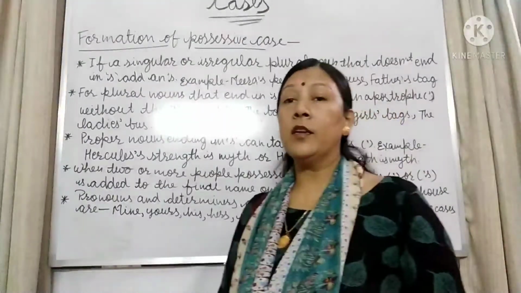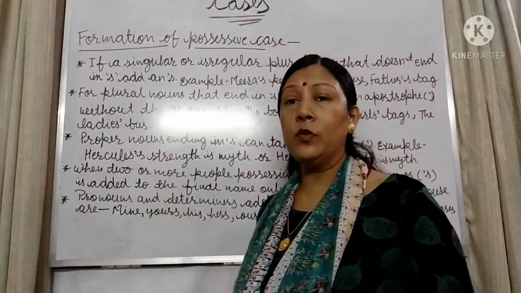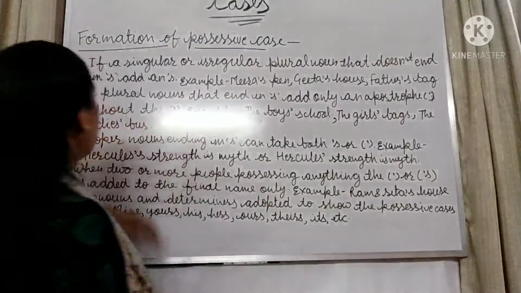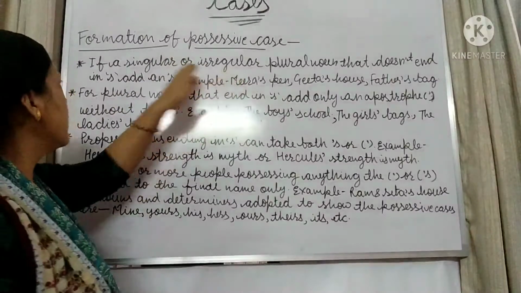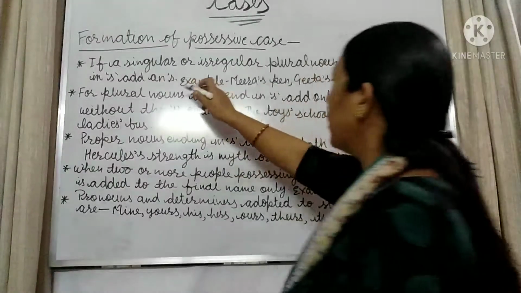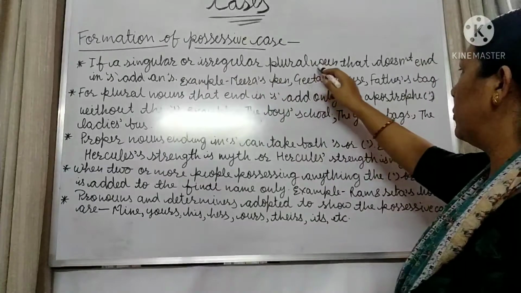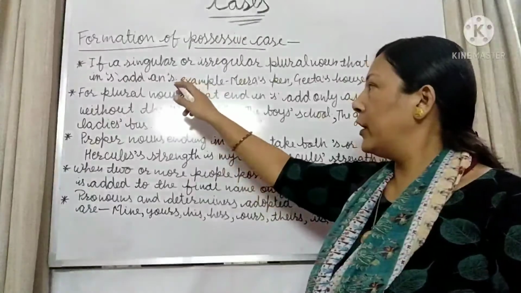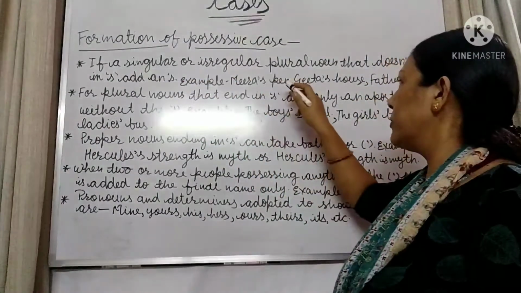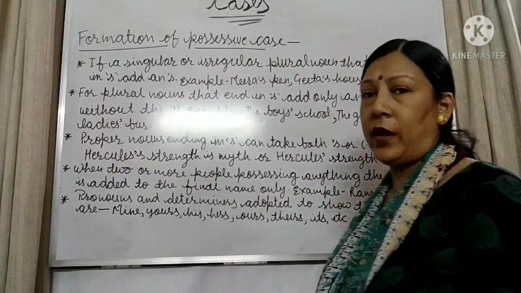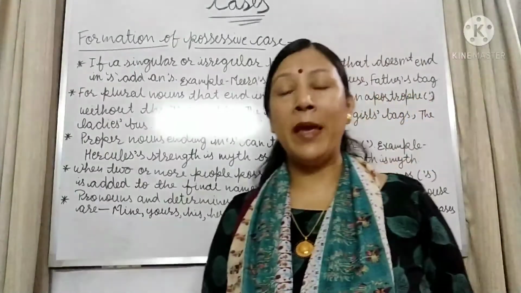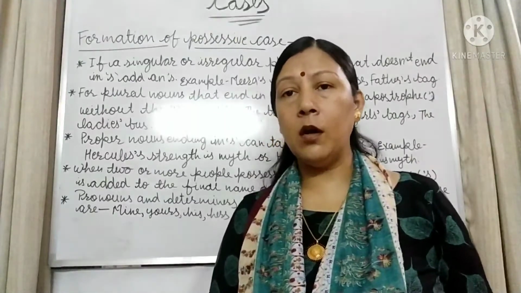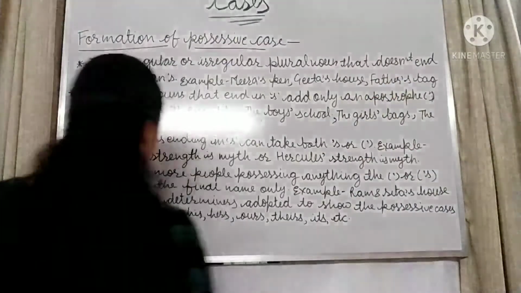So here are some rules on how to form the possessive case. Formation of possessive case. First, if a singular or irregular plural noun doesn't end in s, add apostrophe s. Examples: Mira's pen, Gita's house, father's bag, ma'am's pen, boy's bag, girl's pen.